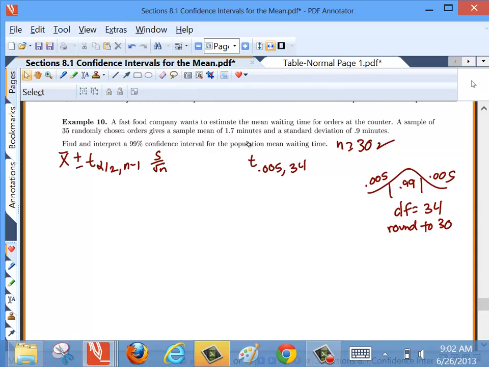So someone look at the t-table that you have in front of you, and what is my critical point? 2.75. Everyone agree with that?